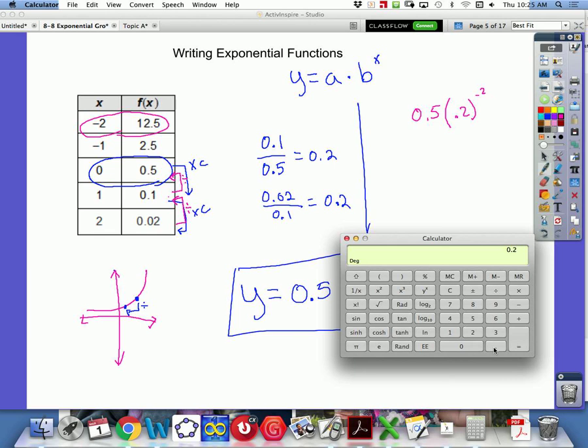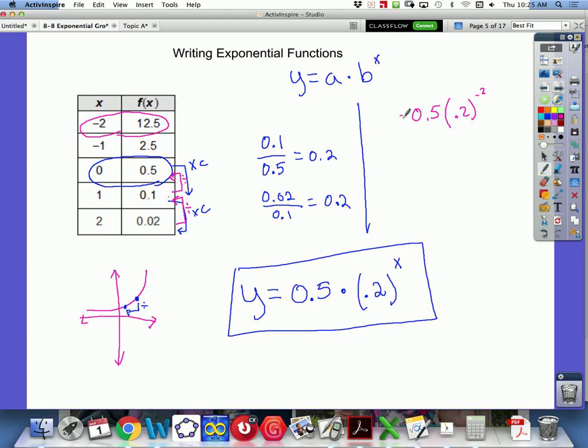So I'm going to put in my calculator 0.2 to the power of negative 2. Multiply that by 0.5, and we get the correct answer of 12.5. So that way I know that my equation is correct, and I know that that point falls on the line.